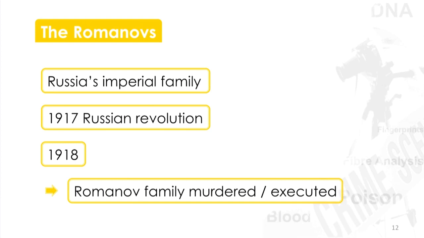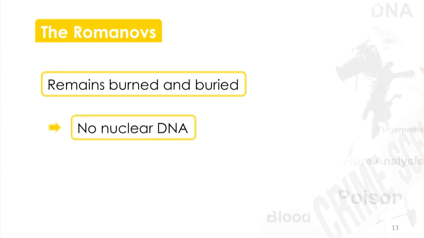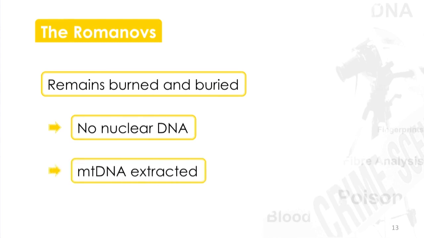It's not something where you want to have a mistake. That would be very embarrassing. Well, the remains have been burned and buried and all sorts, so of course it's not feasible to get nuclear DNA. But they were able to obtain mitochondrial DNA because that is more robust.